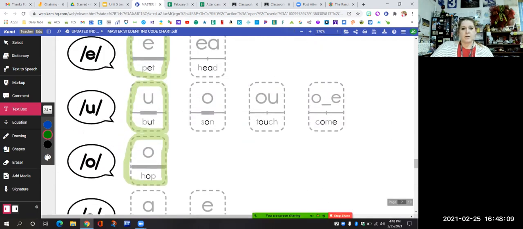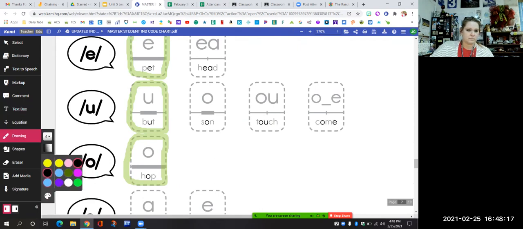Here it is. The O makes the sound like in the word sun. So we're going to highlight that in green.